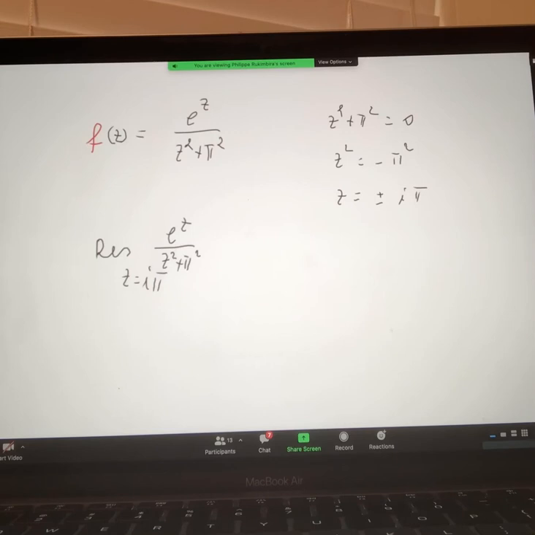This is a type of P over Q. We can apply the result I just mentioned, or we can factor z squared plus pi squared. We have a choice here. So let me do the factoring first.